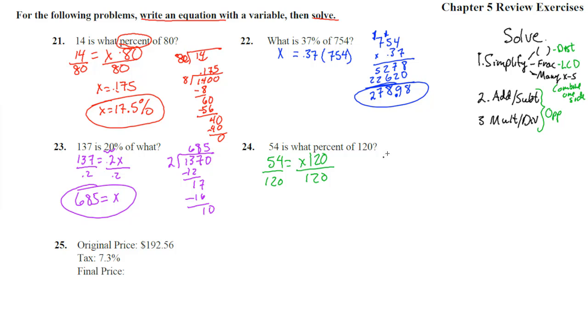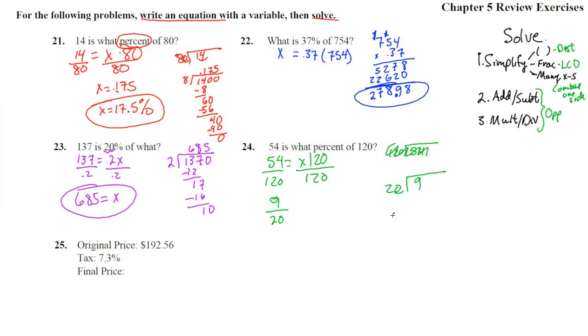So we get 54 divided by 120. Can we reduce this fraction? Let's divide by 6 and 6. We get 9 over 20. 9 divided by 20, that'll be a little bit easier.